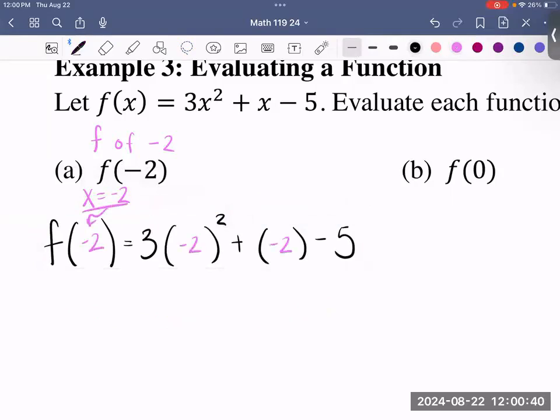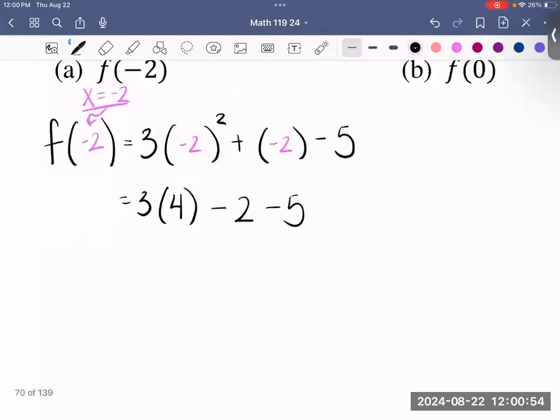And then use what you know about your orders of operations. So we have to do the exponent first, so -2 times -2. And then we can go ahead and figure out the rest. So we can have 12. -2 minus 5, that'll make -7. So 12 minus 7 is 5. Now your answer isn't just 5.